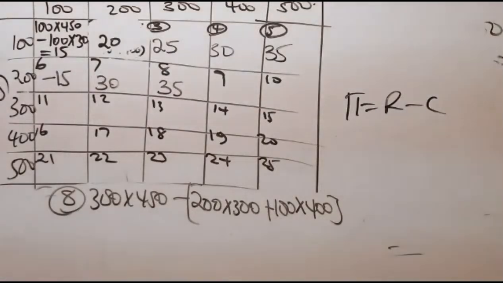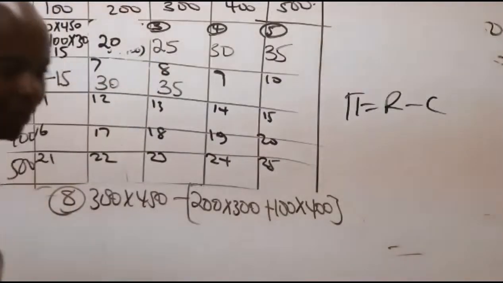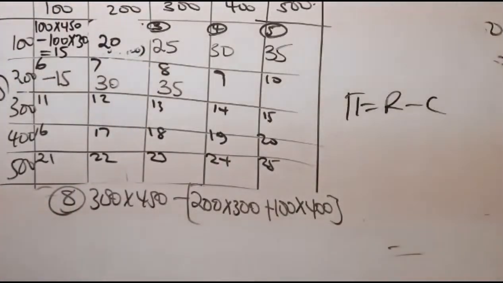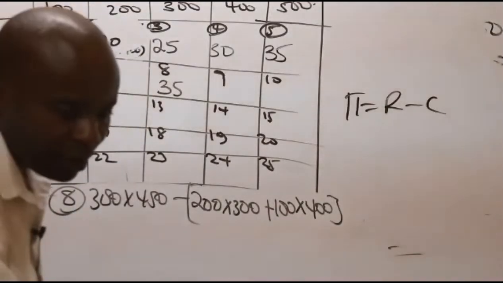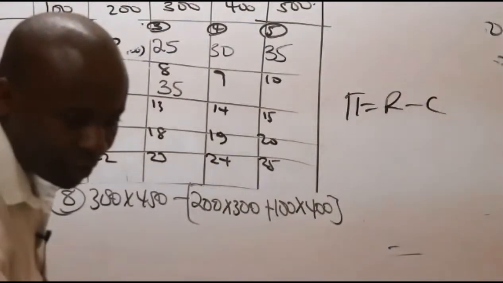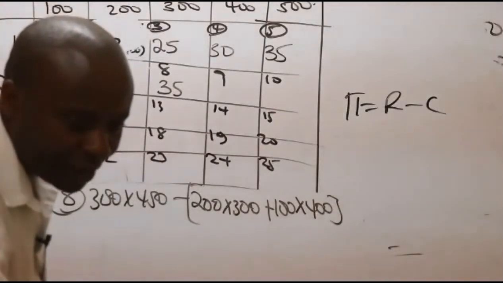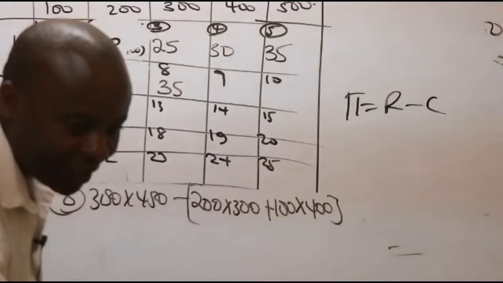So, ladies and gentlemen, the figures that I'm able to see here are which ones now? According to one Muniu here, this is loci.